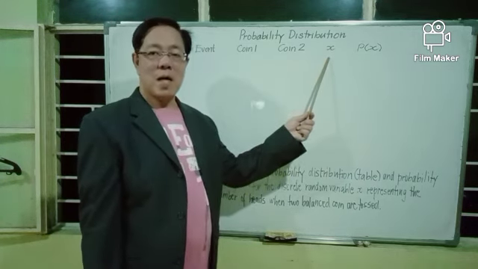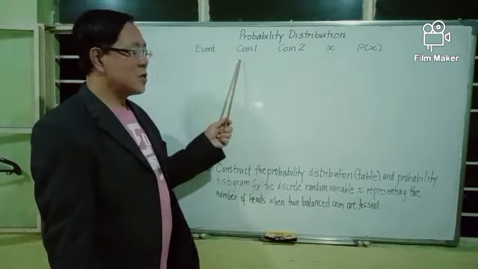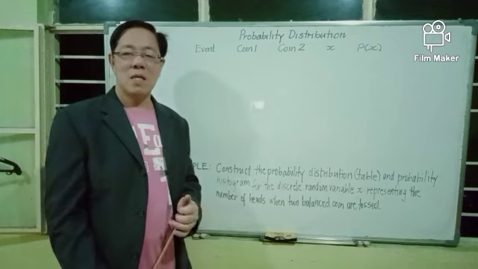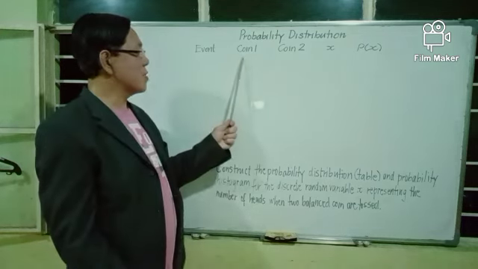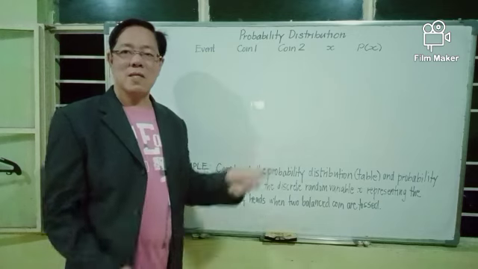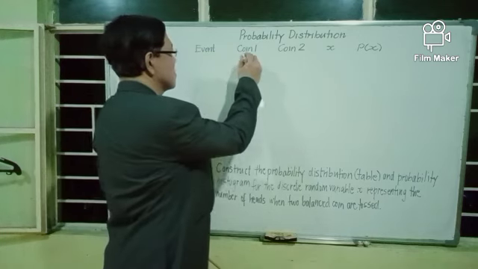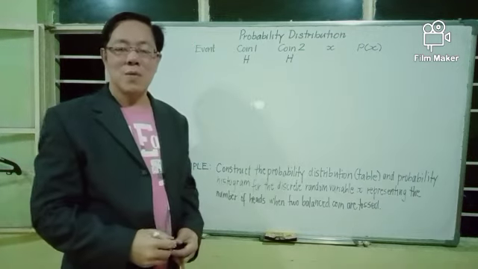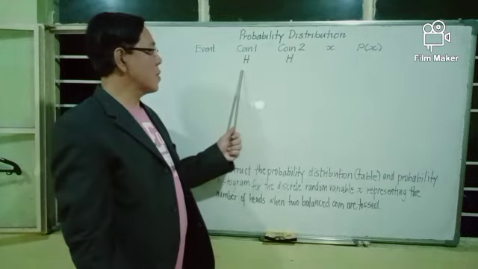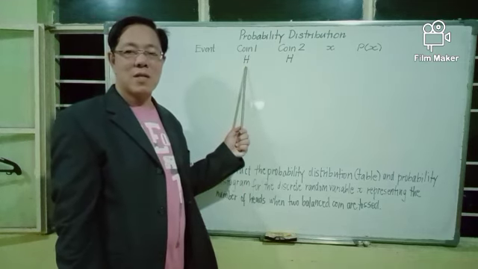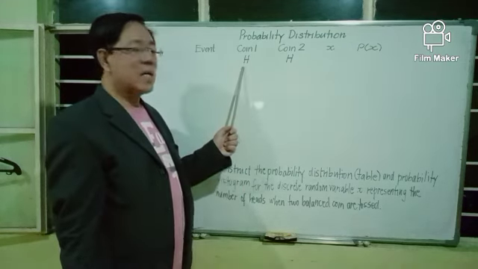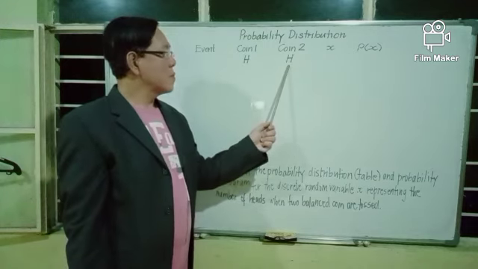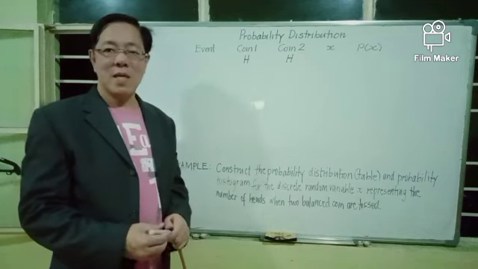the random variable X. When you toss two balanced coins at the same time, one possibility is you get head in the first coin and head in the second coin. We denote this outcome for each coin with head by capital letter H. This event of getting head in the first coin and head in the second coin, we denote as event E sub 1.